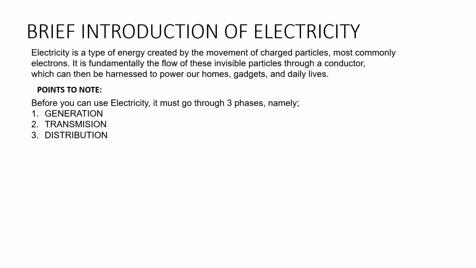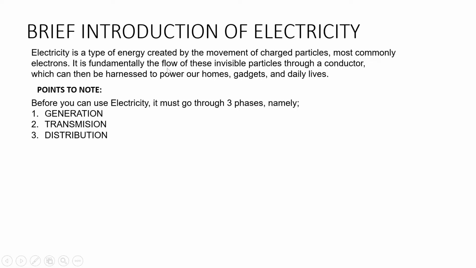So as a quantity surveyor, we need to know how this electrical installation works. Good. So now let's have a brief introduction of electricity, because you cannot know electrical services without knowing what electricity is all about, right? So what does it say here? It says that electricity is a type of energy created by the movement of charged particles, most commonly electrons.